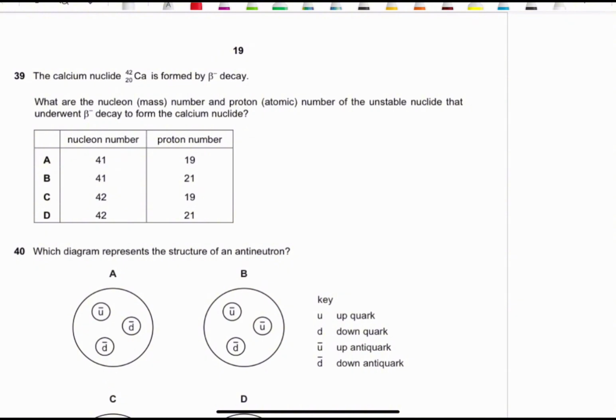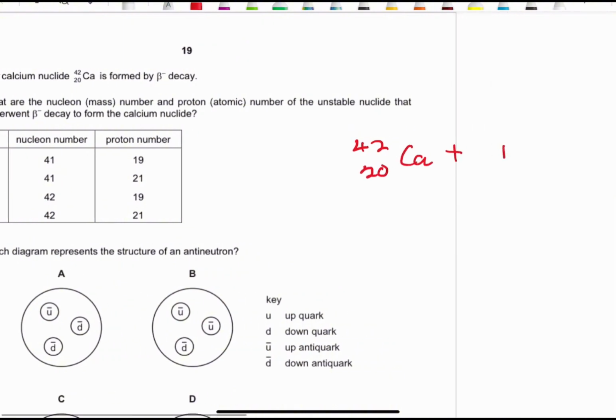The calcium nuclide, 42 and 20, is formed by beta negative decay. What are the nucleon number and proton number of the unstable nuclei that underwent beta minus decay to form the calcium nuclide? So now we're working in reverse. I'm already given 42 and 20 of calcium, and I've been told that it has already undergone beta negative decay, right?